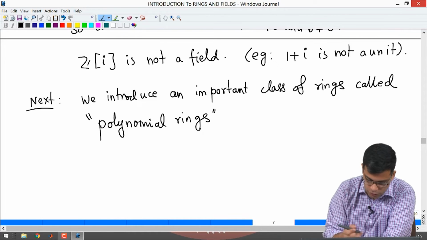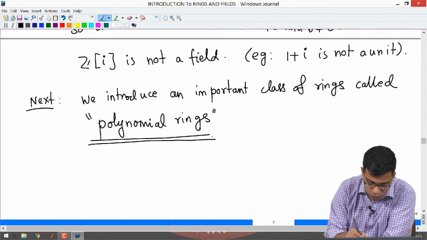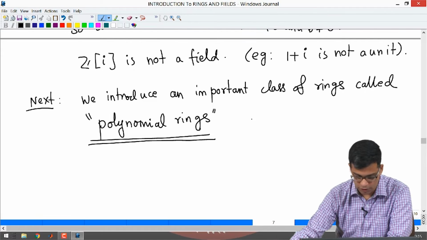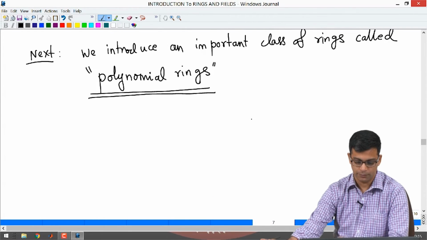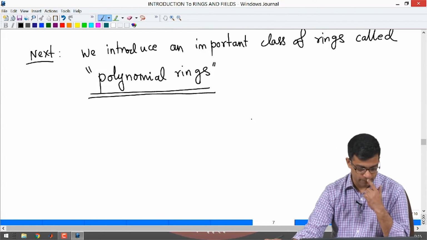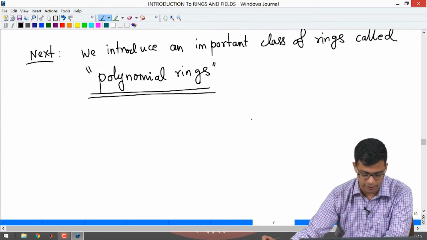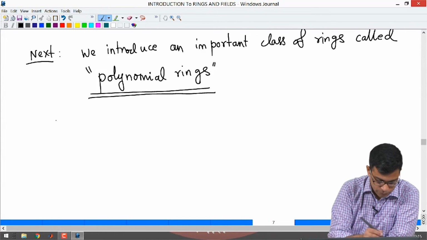A lot of this course will be the study of polynomial rings. So, these are important for you to understand carefully. I will gradually introduce these. Today I want to discuss the definition and basic examples.